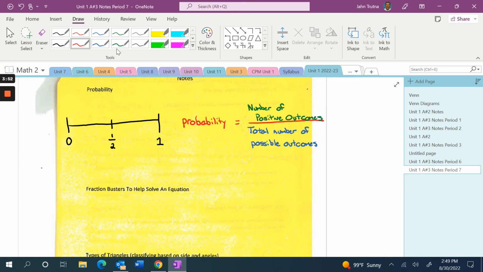Okay, so here's an example. Here's a very basic example of a probability question. Let's say I have one of these things right here. I'm going to do my best to draw it. Let's say you have a dice or a die.